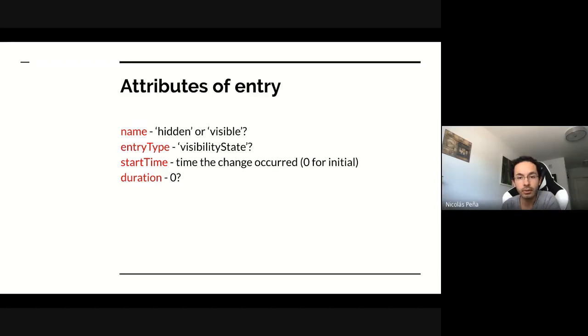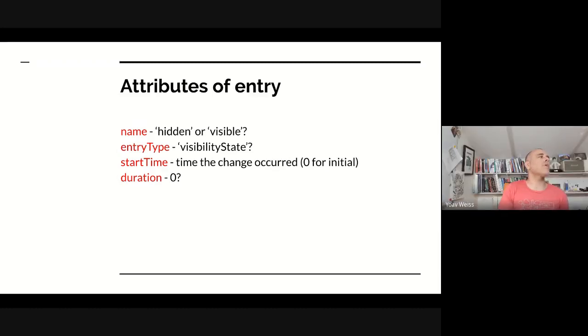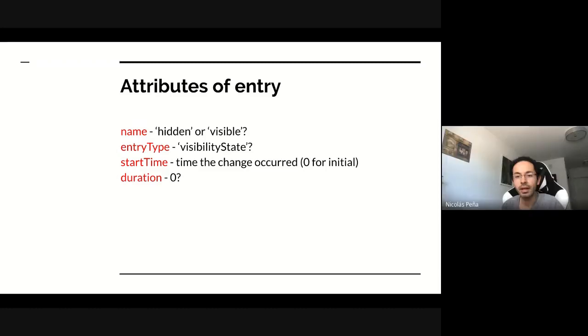Well, you can query the current visibility state already, right? So at the point where you're collecting the entries, you're querying the current state and then backtracing where you started. Yeah, so it feels kind of sketchy to have to do that.